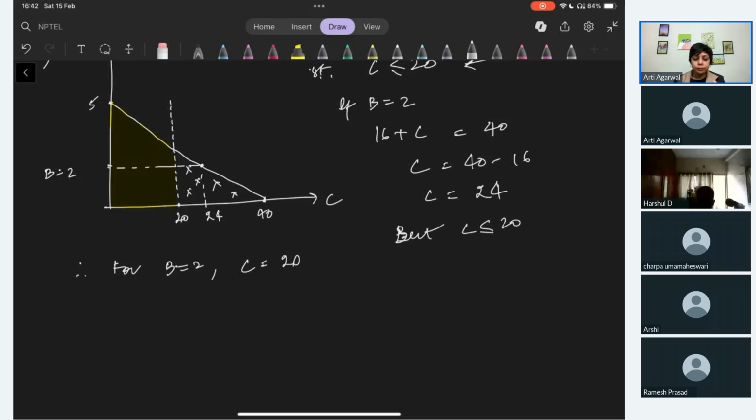The new budget set is this shaded part, which, well, on the dark background you can't see it properly, but you'll see it in the file which I share. So C equal to 24 is outside this part. Therefore, it cannot be the value. So here we have a hard limit of C equal to 20. So it's going to be C equal to 20.